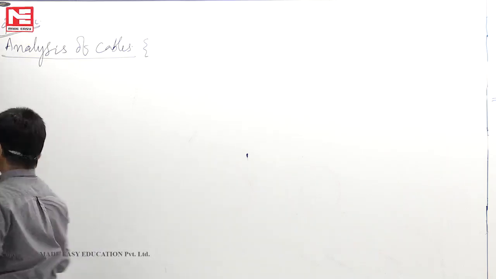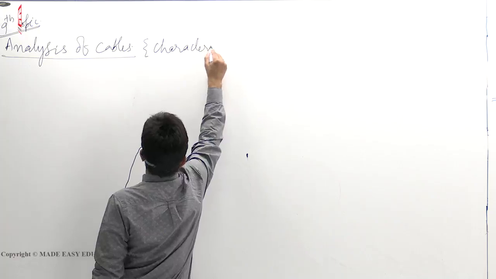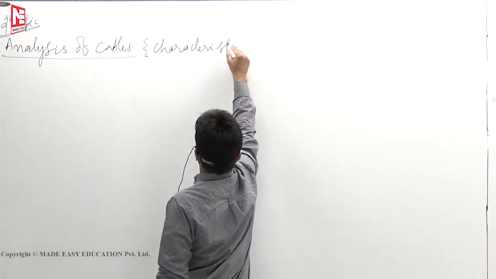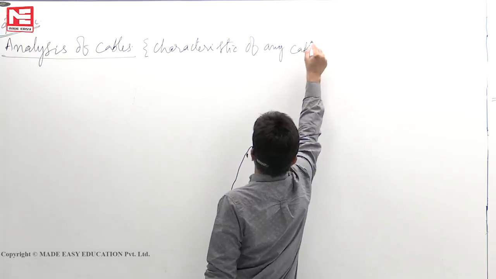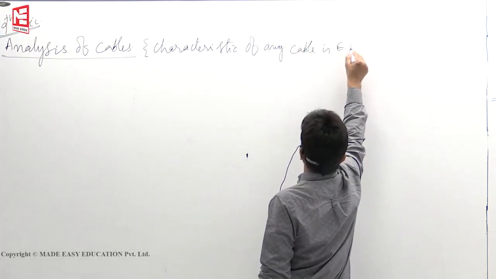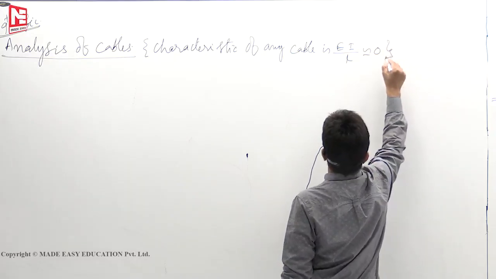Now the characteristic of any cable is that EI by L, the flexural stiffness, is approximately equal to 0.